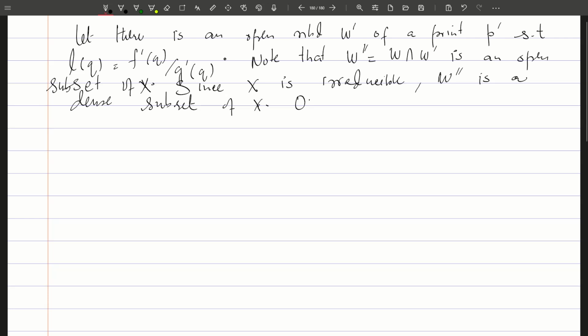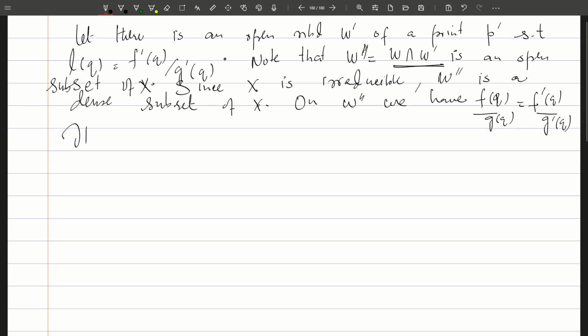On W double prime we have F of Q over G of Q is the same as F prime of Q over G prime of Q, because we chose W double prime to be the intersection of W and W prime.